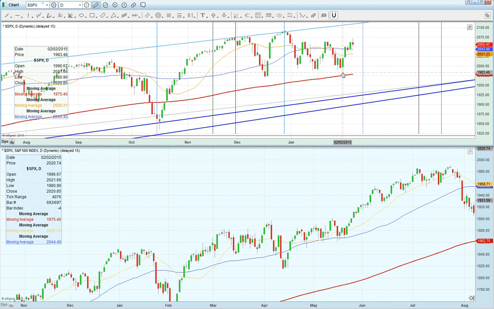And this low right here on the 2nd of February would also prove to be the low that the market would bounce off of, and we would see a similar rally. Now, I will say though that the moving averages have to also participate here. The 200 moving average, which is the red line, that one's doing okay. That one's working just fine.